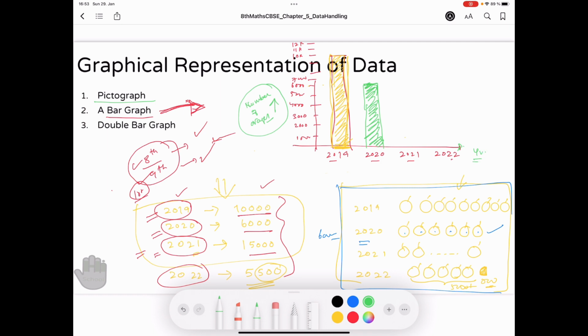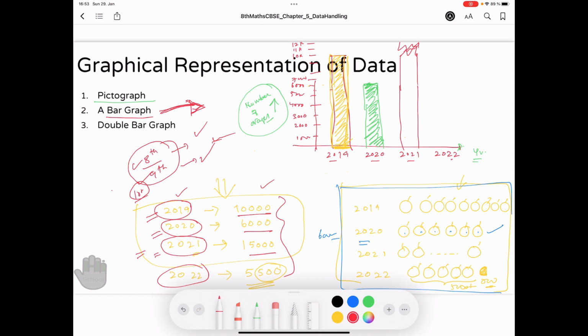And 2021 we are having 15,000, which is out of this chart, but still we will put something like this. Okay, and this will continue till 15,000. In year 2022 we are having 5,500.